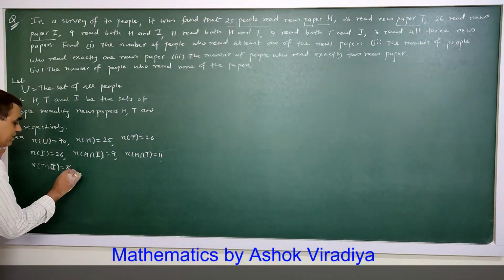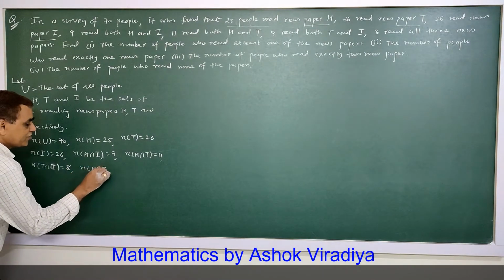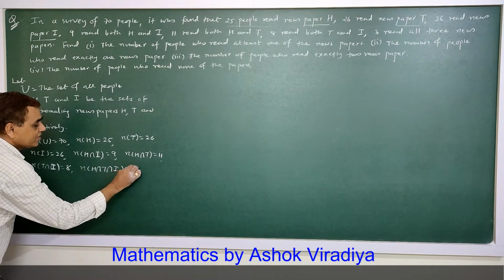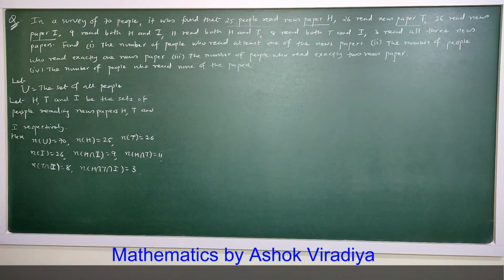All 3 newspapers, that is H intersection T intersection I is equal to 3. So this information is given.